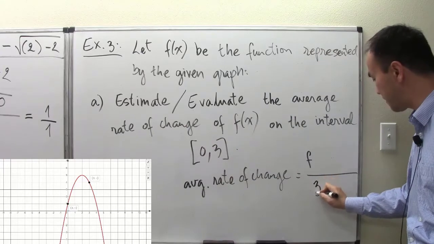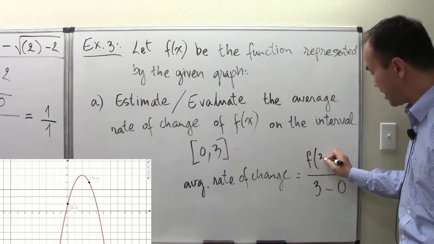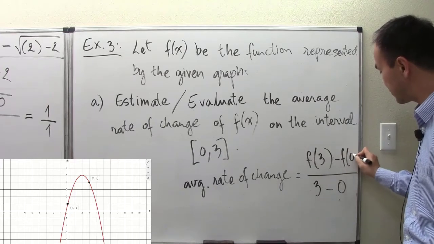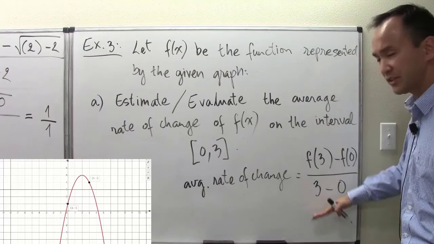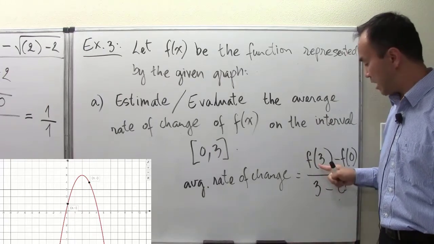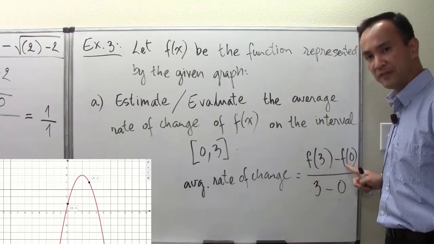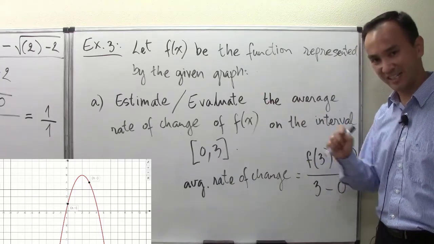So 3 minus 0 in the denominator, and f of 3 minus f of 0 in the numerator. That's exactly the formula I've been introducing. To obtain these output values, we have to estimate through the graph. That's the whole idea.